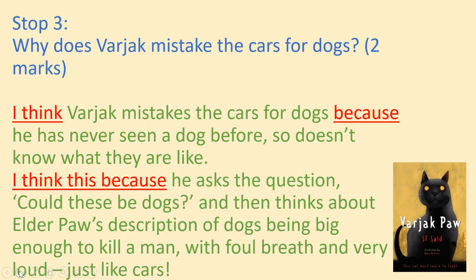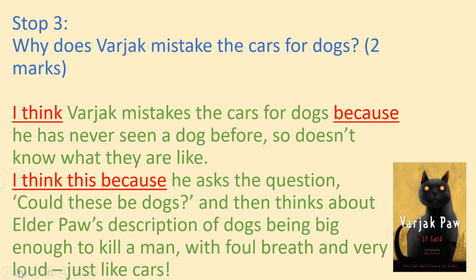Okay, so why does Varjak mistake the cars for dogs? Well, I've said that I think Varjak mistakes the cars for dogs because he has never seen a dog before, so he doesn't know what they look like. He doesn't know what he's looking for. And I think he thinks this because he says, could these be dogs? So he's asking that question. And then he thinks about the Elder Paw's description of dogs, that they're big enough to kill a man, they've got foul breath and are very loud, and that's just like cars.